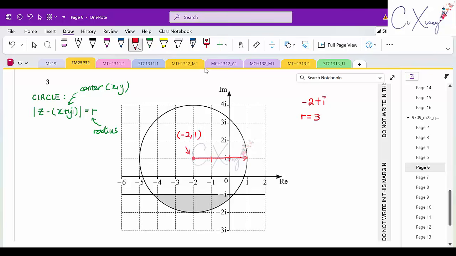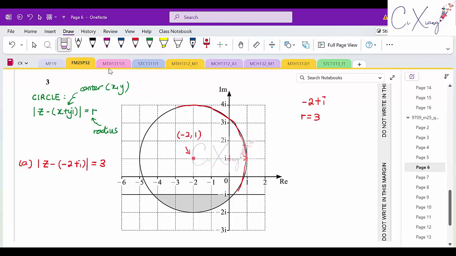So if I want to compile everything into the answer in complex number form for z, it should be the modulus of z minus the center, which is -2 plus i, equals r, which is 3. But please take note that if it equals 3, that means the complex number z should be on the circumference of the circle.